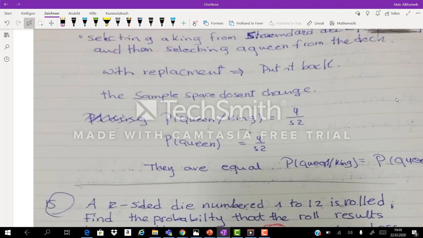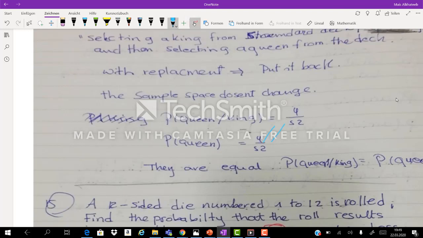معناتها probability of the queen given that king راح تضل 4/52، إنه I replace it I put it back. واللي هو probability of the queen هي 4/52. فبالتالي the probabilities here are equal.